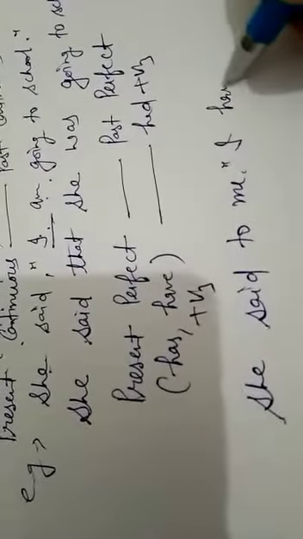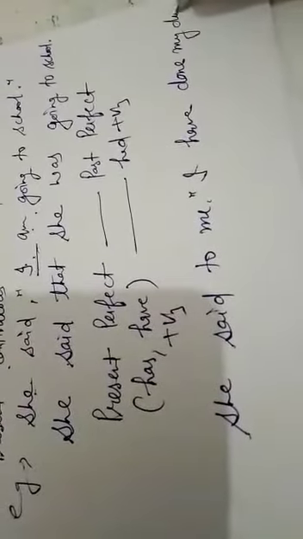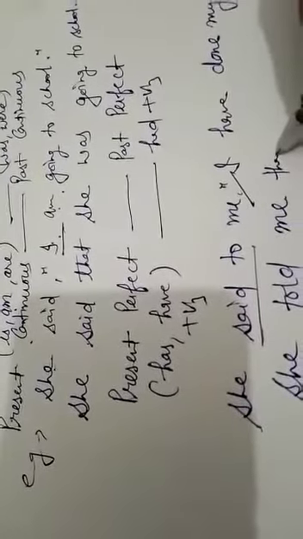Suppose I am giving you one sentence: she said to me, I have done my duty. So said to changes into told. She told me. To remove the inverted comma, I will use that.